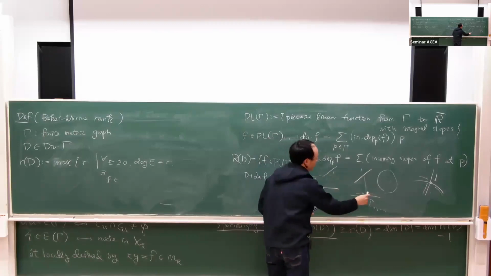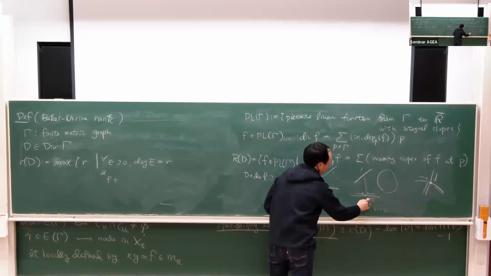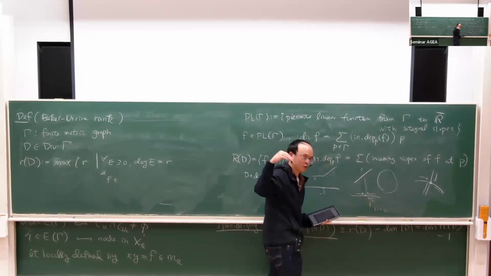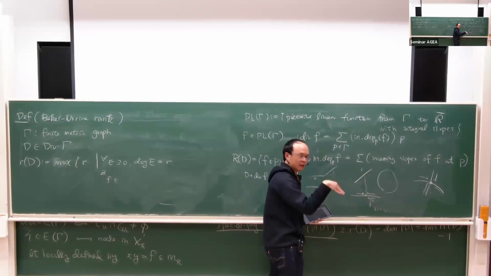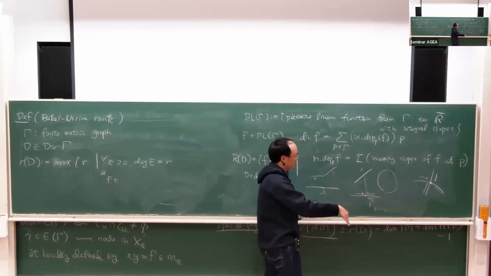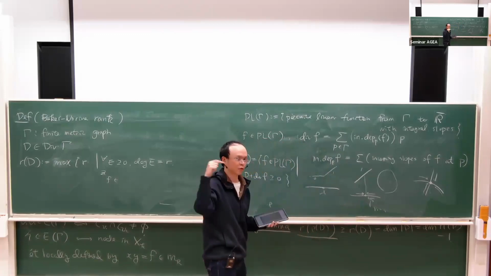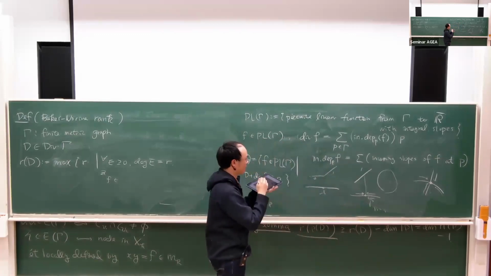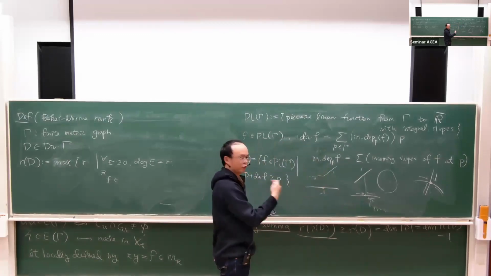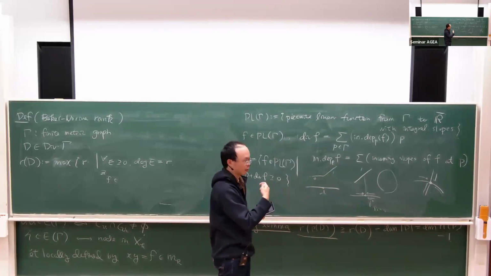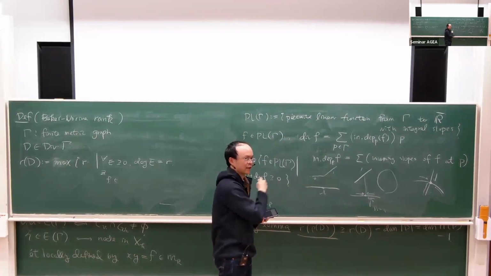Yes, you move from here toward P, then the value is decreasing. That's the definition of incoming slope. You start from some point outside P and move toward P, and you get a slope. So in particular, if the function is linear at P, you get nothing.